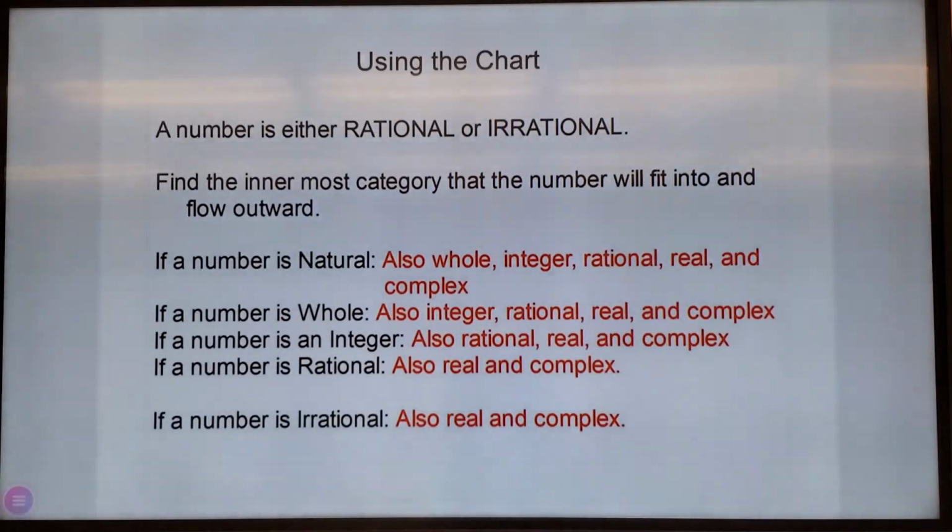But again, that's not until further mathematics anyway. If I give you an irrational number, such as pi or e or anything like that, then it starts there, and then flowing out for part B would just be real and complex.